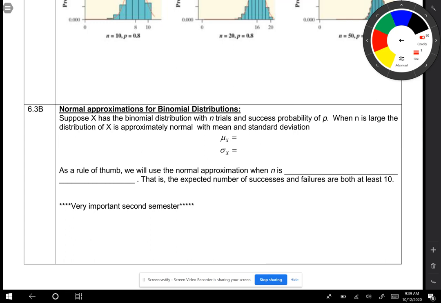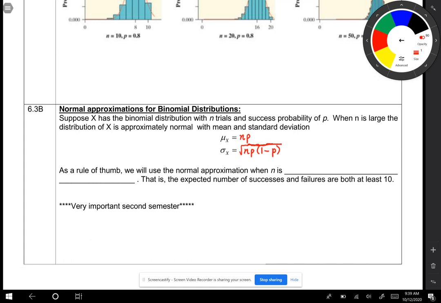Suppose X has the binomial distribution with n trials and success probability of p. When n is large, the distribution of X is approximately normal with mean and standard deviation. So the mean is n times p, and the standard deviation is the square root of n times p times 1 minus p. Remember that's on your formula sheet.